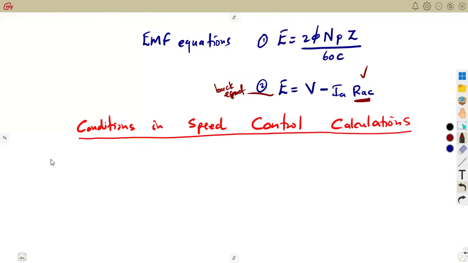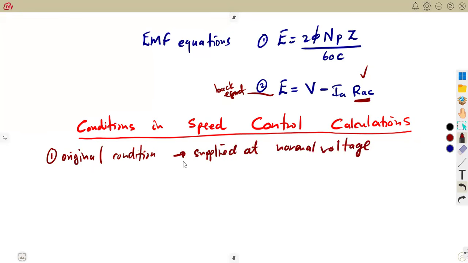Remember, you had those conditions where you're going to work with, one, the original condition, where you'll be given those values, like the type of circuit, is it a series, shunt, whatever that you're given there. This is when the motor is coupled to a load and is supplied at normal voltage. Supplied at what? Normal voltage.